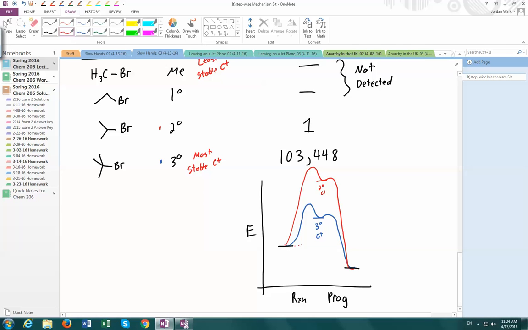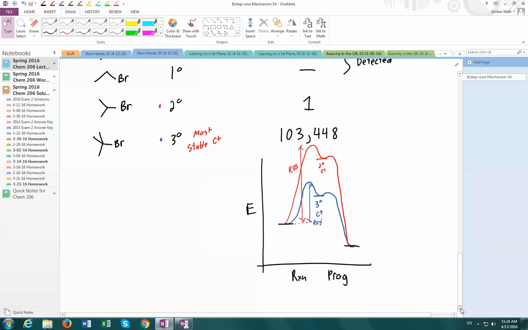So here, we've got the rate determining step of our secondary. Here we've got the rate determining step of our tertiary. So tertiary is way faster because that rate determining step is much lower in energy.